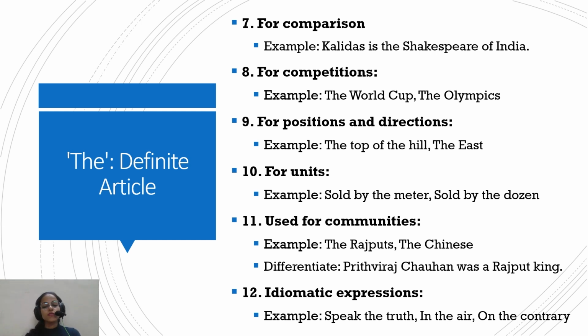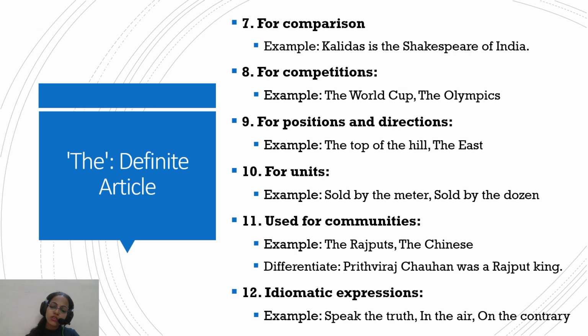The Rajput here is not the specific thing we are talking about; he was one of the Rajput kings. So we can say a Rajput king. In the first example, the Rajputs ruled in the western part of India, we are talking specifically about the Rajput kingdoms, among various other kingdoms, that were part of western India. So that's the difference.